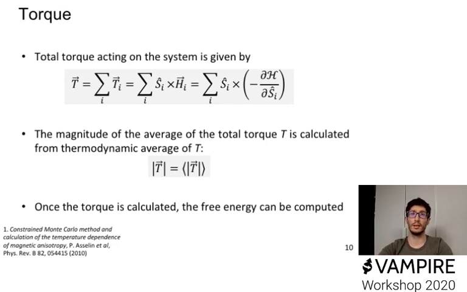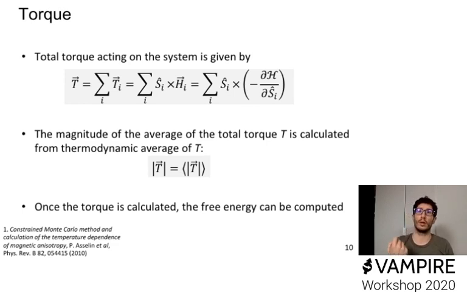And the thermodynamical average of the internal torque, which is what we have here, will give us the magnitude of the total torque. Again, you can find a demonstration of this, the proof of this, in the review paper of the constrained Monte Carlo approach.